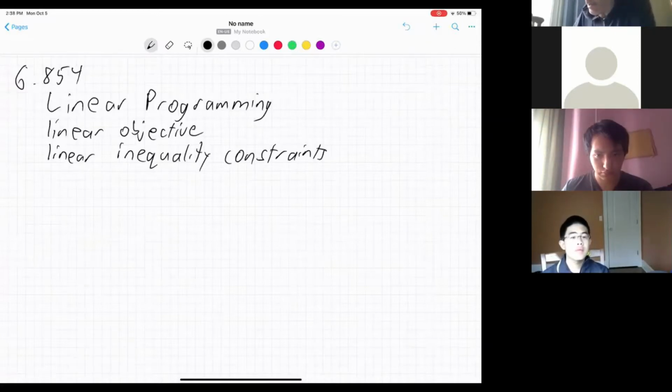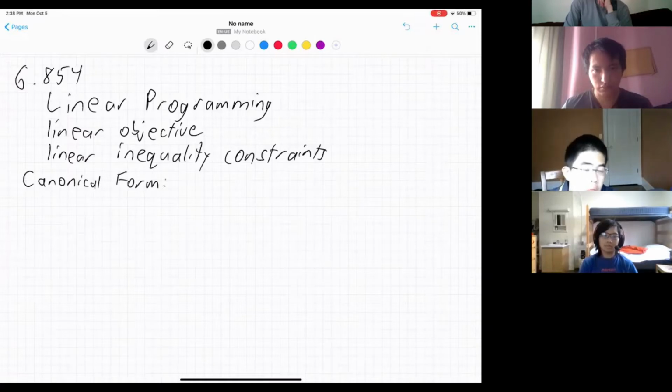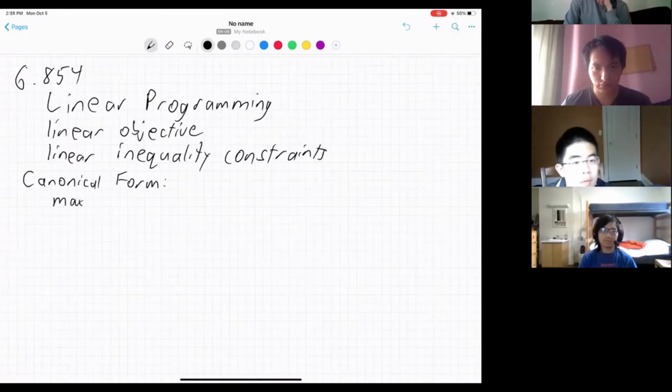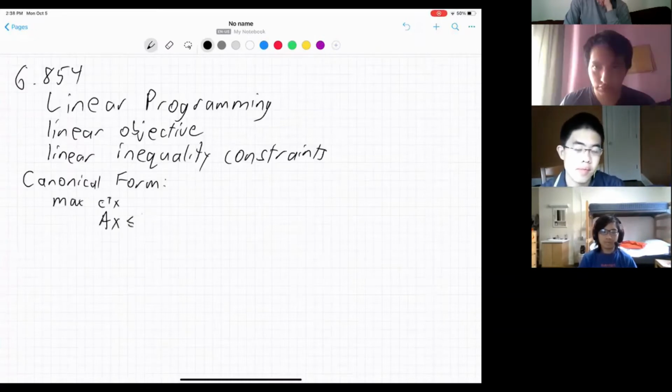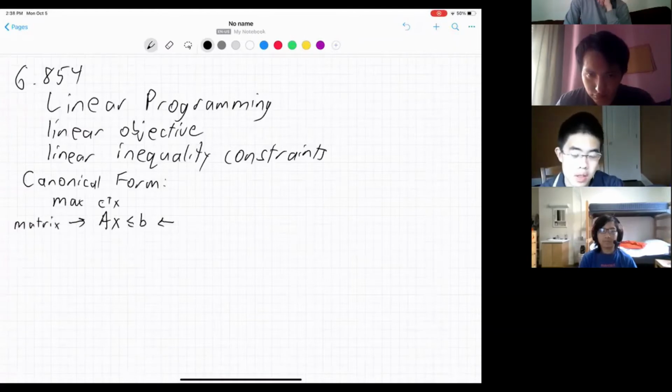And we discussed the fact that any such linear program can be put into a canonical form where we ask to maximize our linear objective function subject to the constraint that Ax be less than or equal to b. And this is a matrix representation of the constraints.